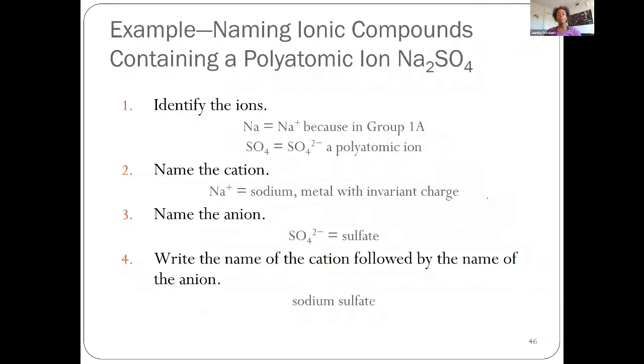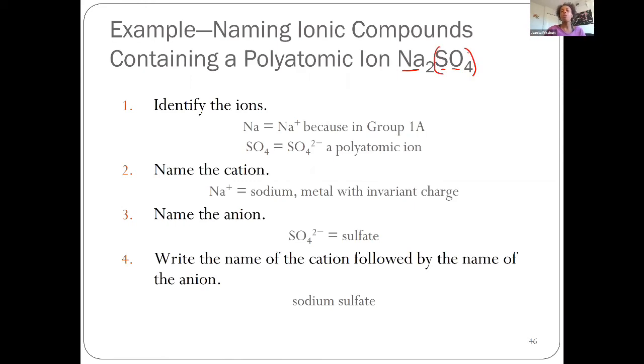When you're naming compounds with a polyatomic ion, first you'll recognize you likely have a polyatomic ion if there are more than 2 elements. All the previous examples were binary ionic compounds, so there were only 2 elements present. But in this case, I see a total of 3 elements. So you have to identify what polyatomic ion I have here. I see SO4, and SO4 is our sulfate.